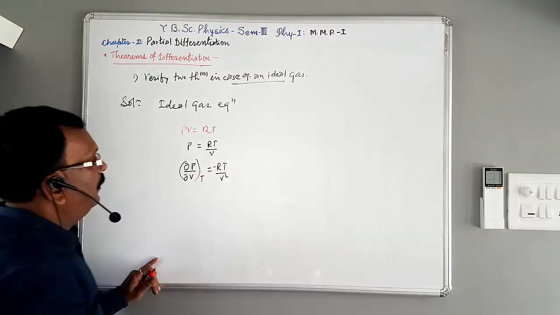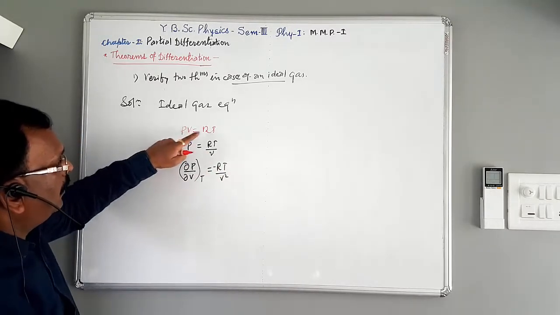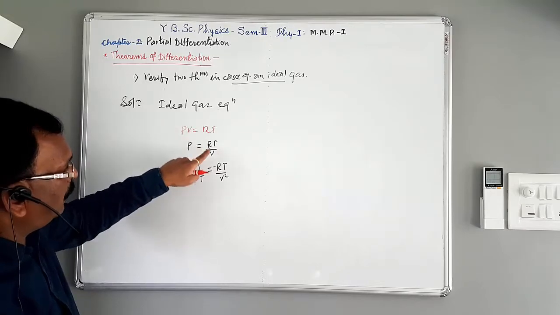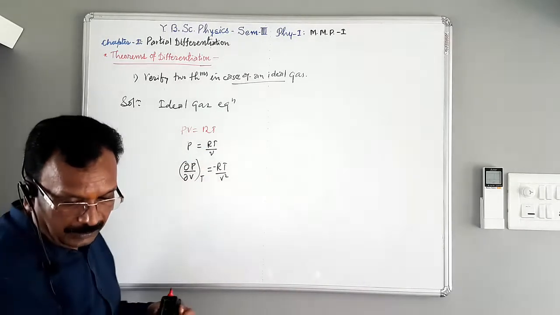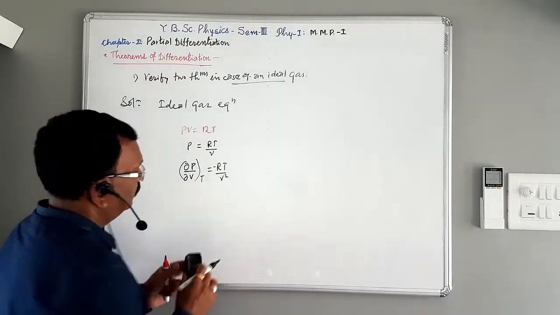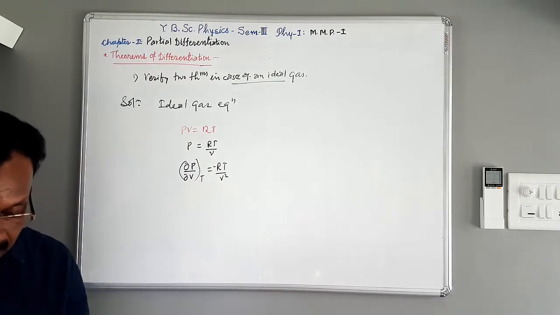Again V square, where V is equal to RT upon P, substitute the value and we get finally the value, P square upon RT.